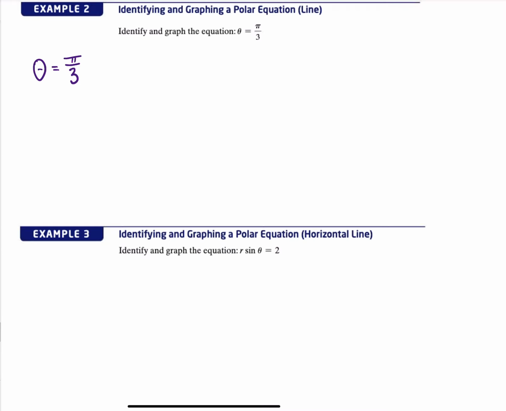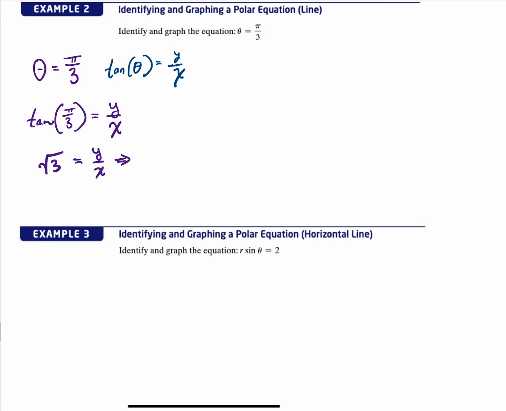Well, we can translate it. Since we know that the tangent of theta equals y over x, we can say that the tangent of pi over 3, that's our angle, equals y over x. The tangent of pi over 3 is the square root of 3. So let's solve this for y.